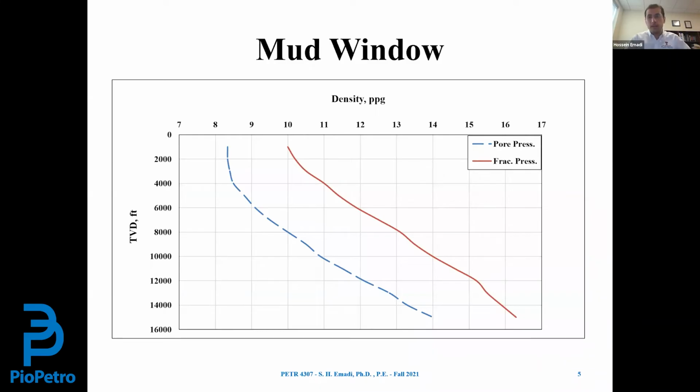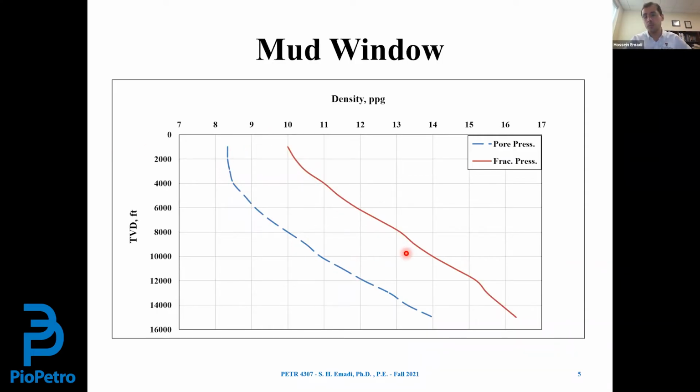Another important concept in drilling and well control is the mud window. So basically, in order to make sure that no kick happens, no blowout happens, we need to know about the mud window, about the safe mud weight we can use without creating any issue. As you can see here, there are two lines, one blue dashed line and one solid red line.